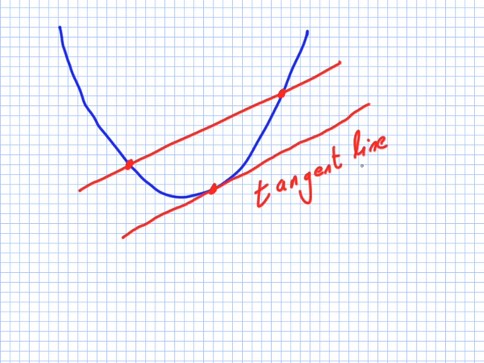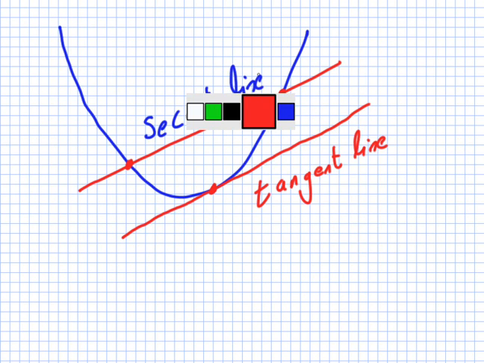This line that meets twice though is called secant line. Let me write that again. So that's some vocabulary first.